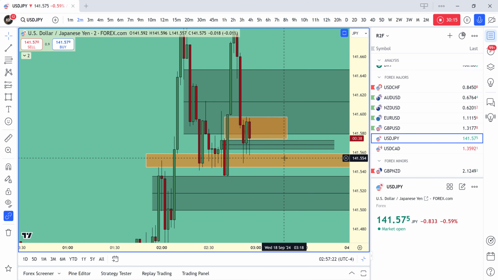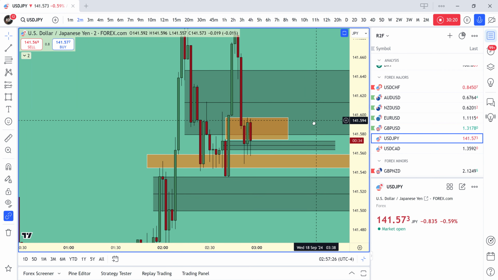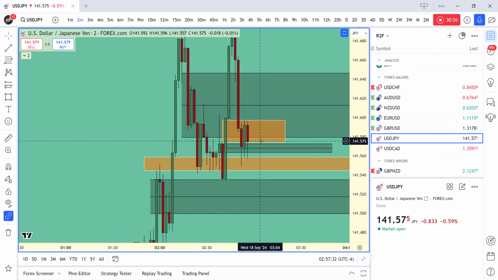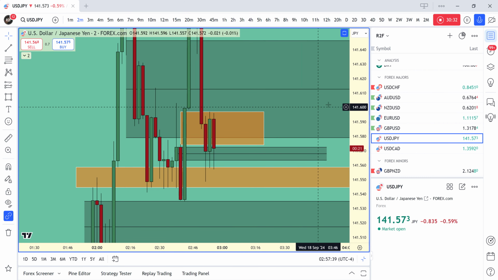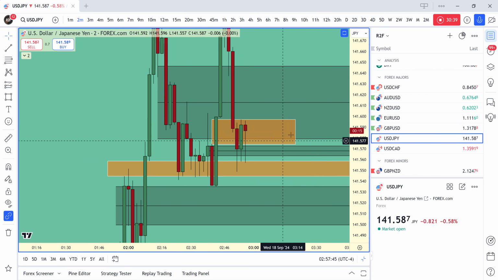36 seconds, 35 seconds. If it doesn't close below, it'll be interesting. Let's just see how it closes. Oh, not a bearish order block.